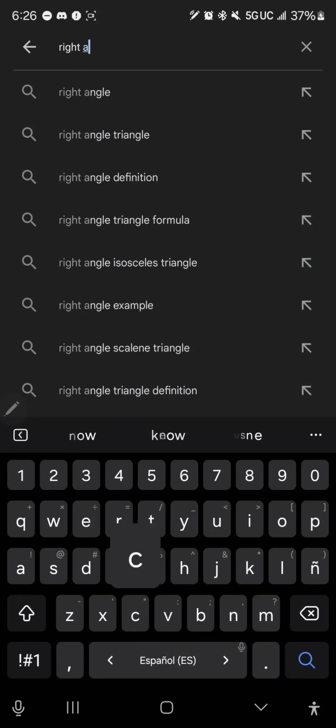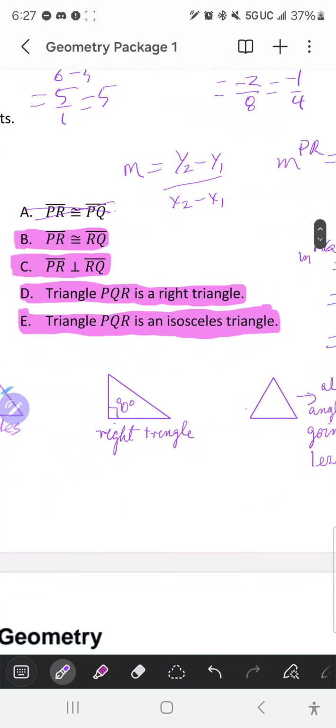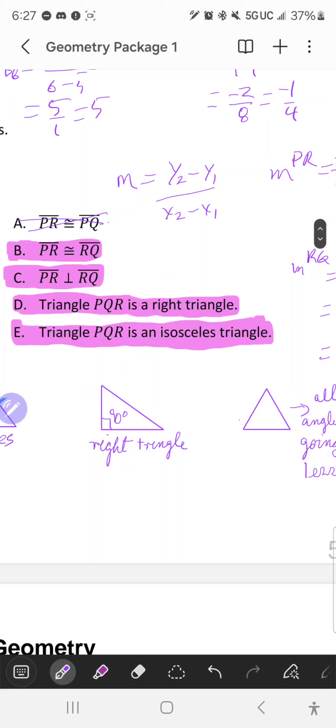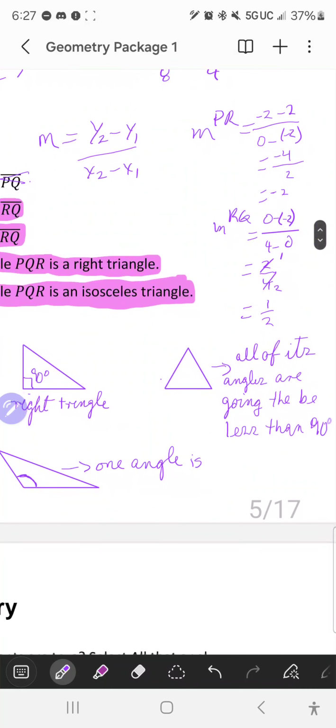And the third one, obtuse triangle. So the third one is like this. This means that only one angle is greater than 90 degrees.